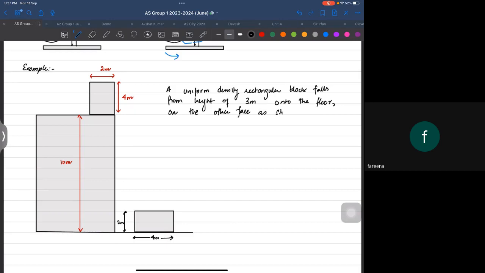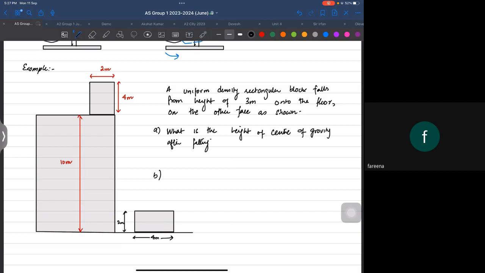Okay. Now, it says what is the height of center of gravity after falling? First, this is the question.